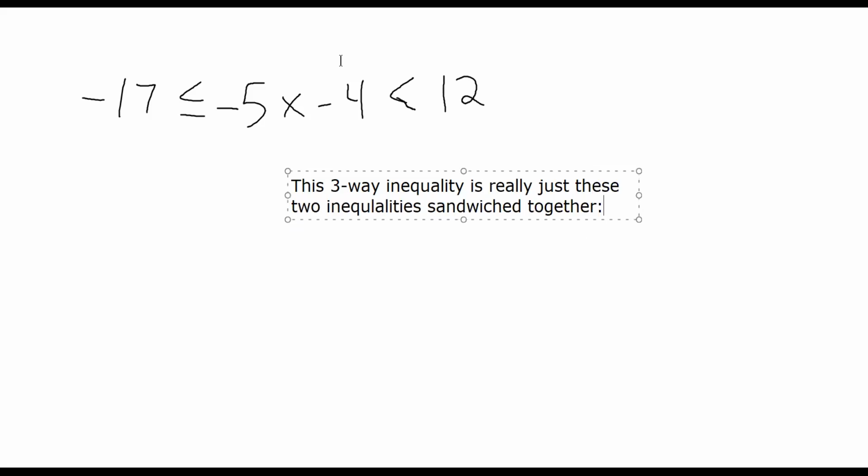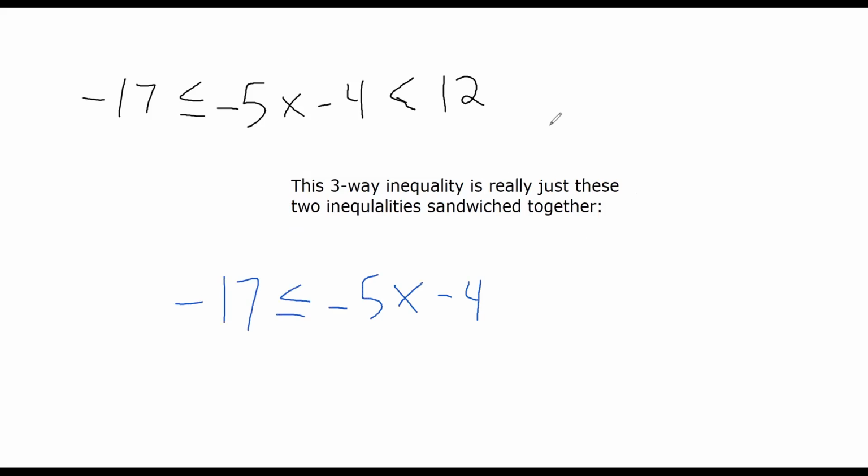This 3-way inequality is really just this. It's negative 17 less than or equal to negative 5x minus 4. And then it's sandwiched together with this other inequality, negative 5x minus 4 less than 12.